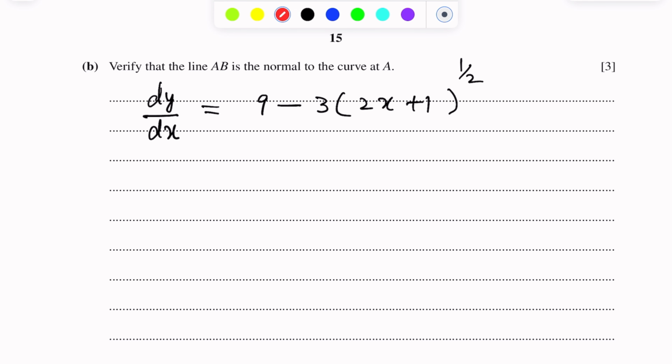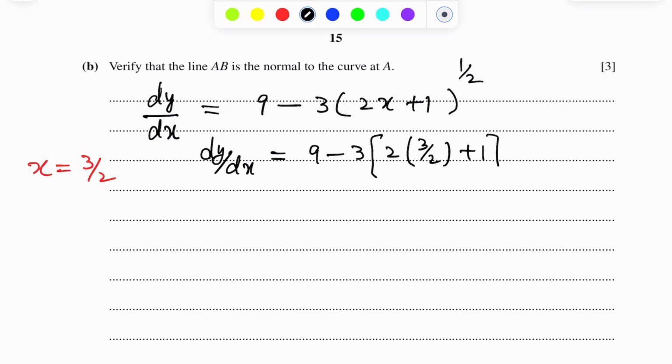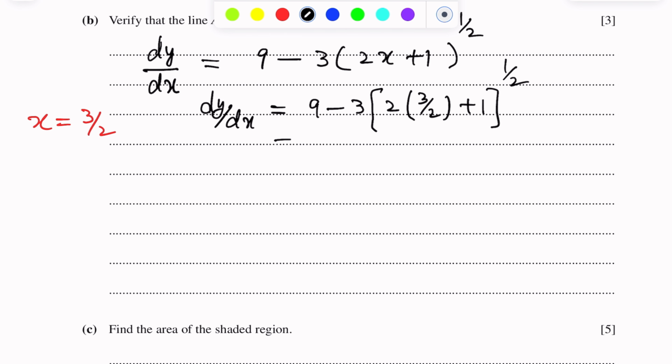So at x is equal to 3 over 2, gradient will be 9 minus 3 into (2 into 3 over 2 plus 1) power 1 over 2. Simplifying it, we get 9 minus 3.